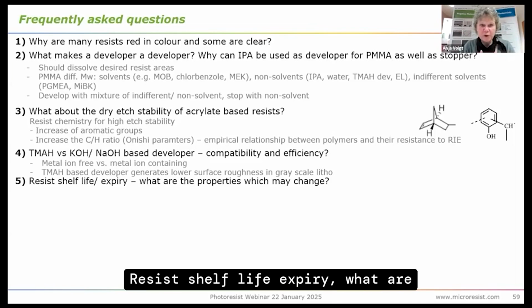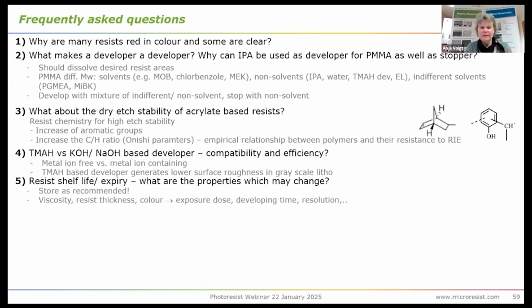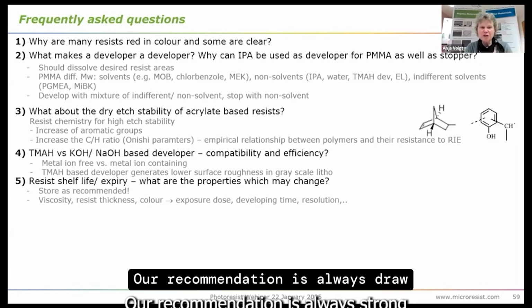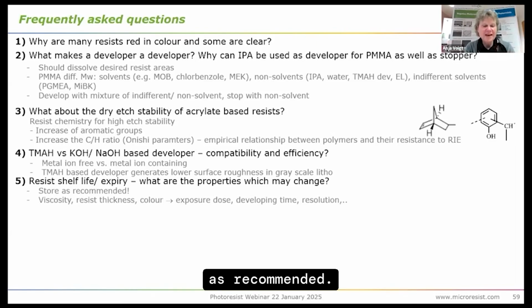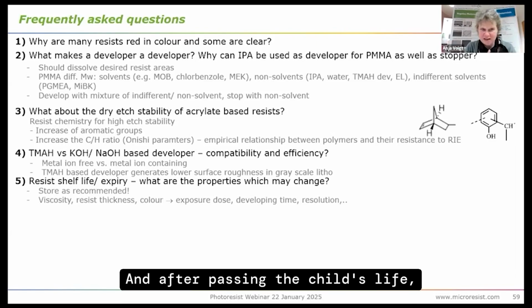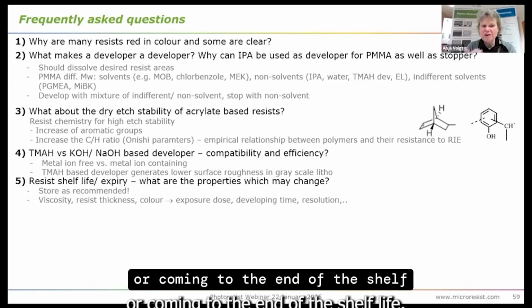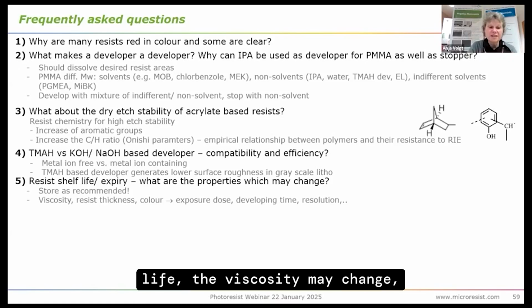Resist shelf life, expiry. What are the properties which may change? Our recommendation is always to use it as recommended. After passing the shelf life or coming to the end of it, the viscosity, resist thickness, and color may change.